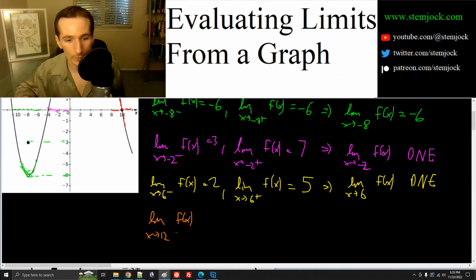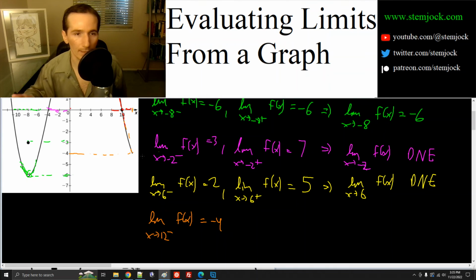So we can only calculate the limit as x approaches 12 from the left. What is the y value as x approaches 12? That's this point here. As x goes closer and closer to 12, it's going to be -4. And that's all we can say about it. We can't see what the function is to the right, so we can only calculate the left-hand limit.